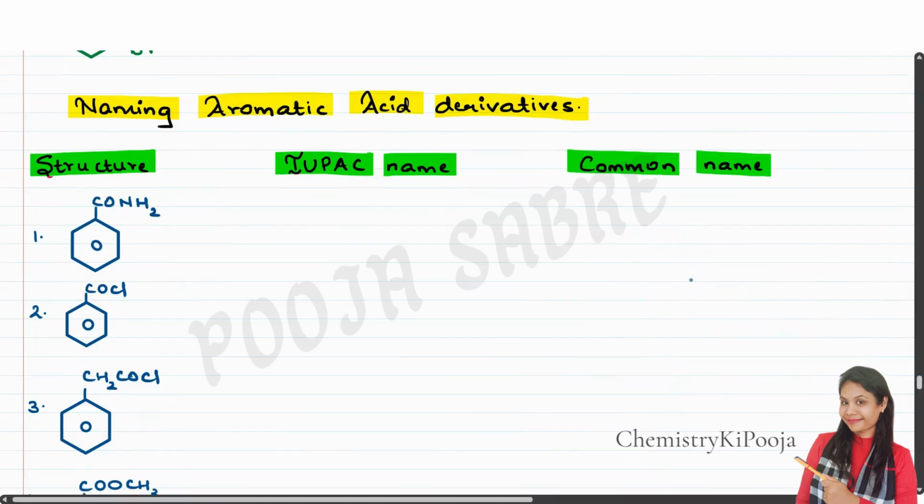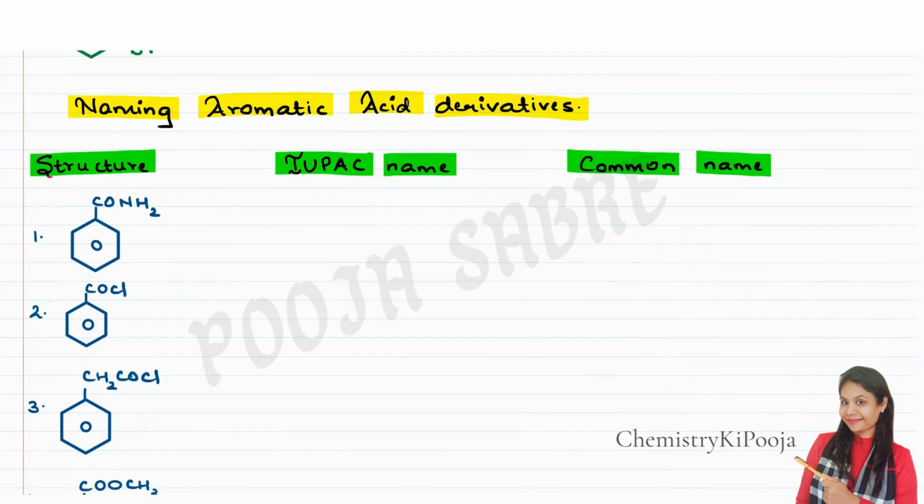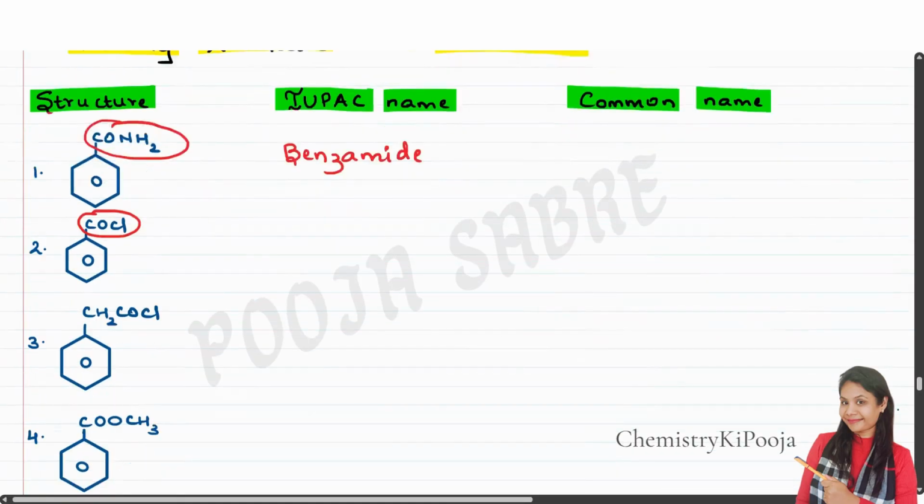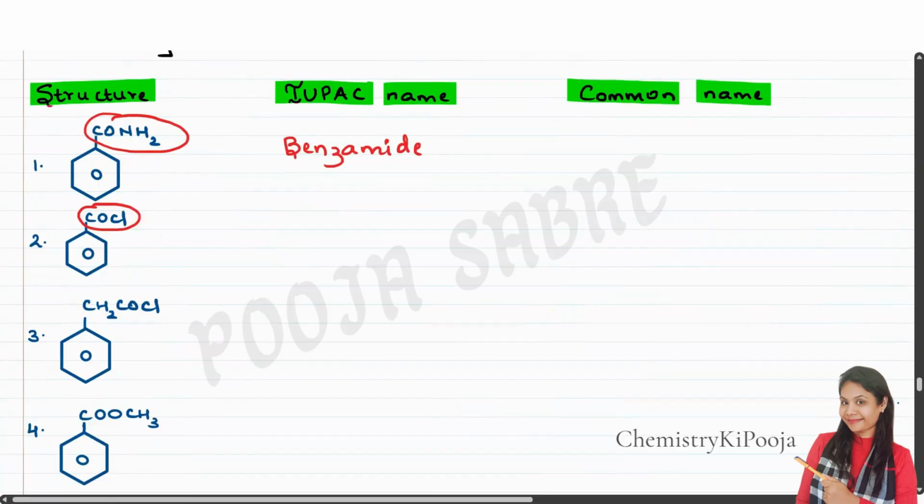Okay. Now over here, I have the first structure. In the first structure, we have a benzene attached to CONH2. And as I said just now, this is an amide. So benzene attached to an amide group becomes benz and then amide, benzamide. Clear? Talking about COCl, it is an acid halide, and specifically an acid chloride.